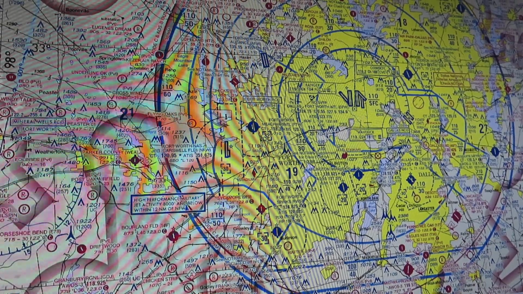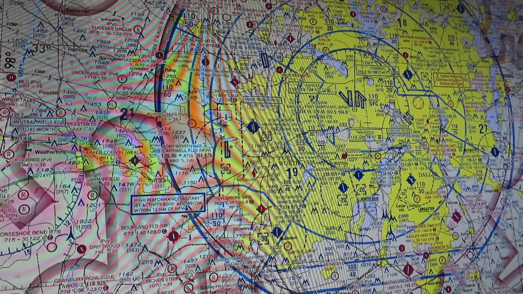One of the resources that I'm going to use is a sectional chart. If I've flown in a particular area and I'm familiar with the airspace already, I'm not likely going to pull this up every time, but when I want to research maybe flying some new space, I'm likely going to find the sectional chart.